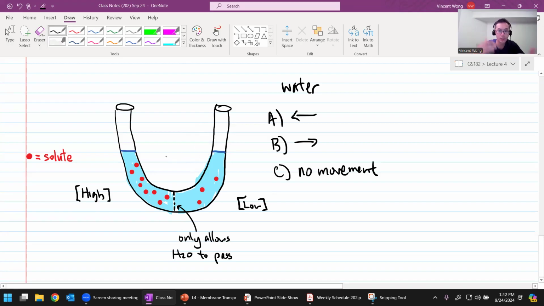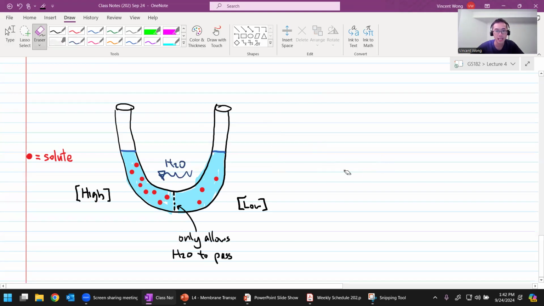What the water will try to do is make both sides have the same concentration. And the only way to do it is basically for the water to move to the left. You can think about why this works. Because as water moves to the left, you will have more water diluting the left side.